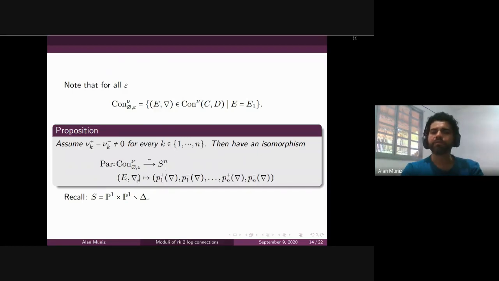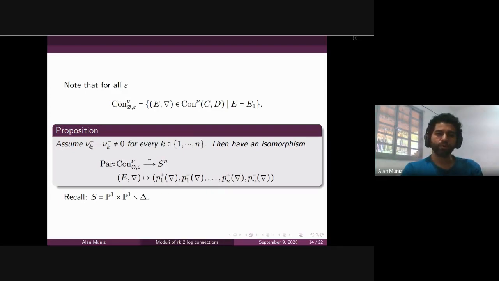That is, we take a connection and give all the eigenspaces.